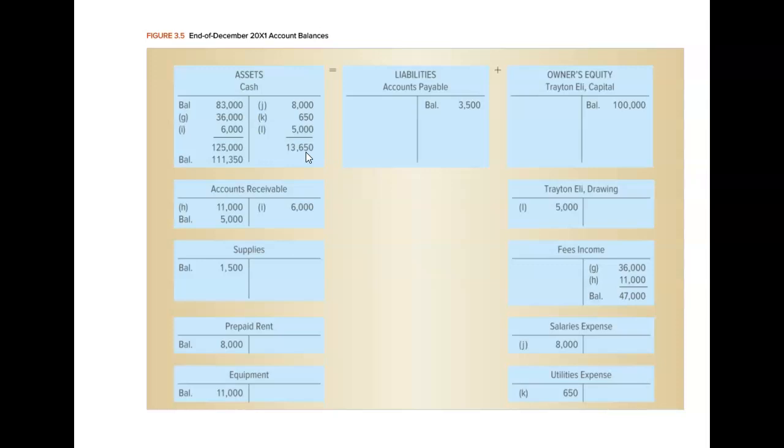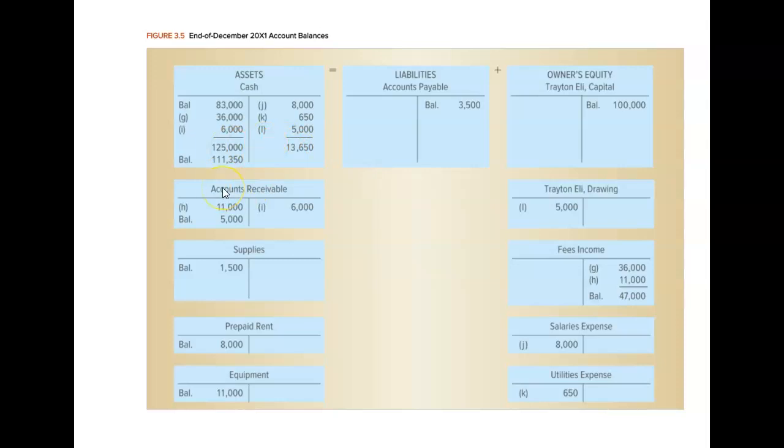Then, because opposite signs subtract, the $13,650 total of credits was subtracted from the $125,000 total of debits to then equal a debit balance in the account of $111,350. And we know this is a debit balance because the $125,000 in debits in the account is larger than the $13,650 of credits in the account.